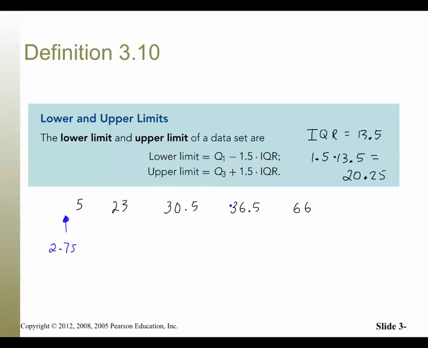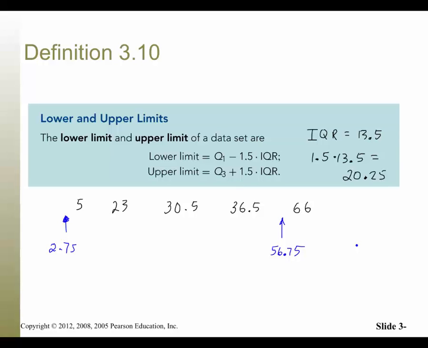What about this now? 20.25 plus Q3. So 20.25 plus 36.5 would be 56.75. Is that right? So what about 66? Outlier or not? That is a potential outlier.